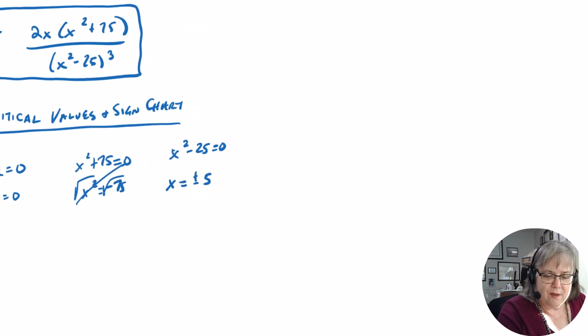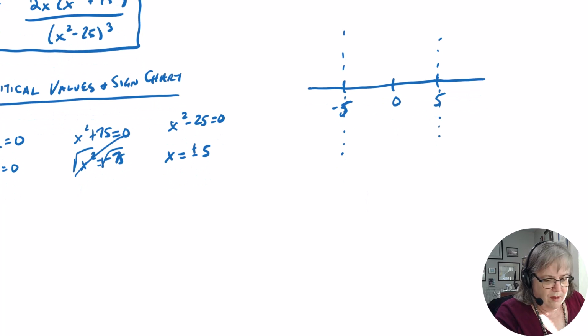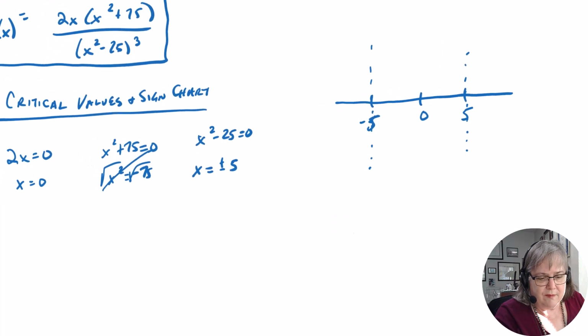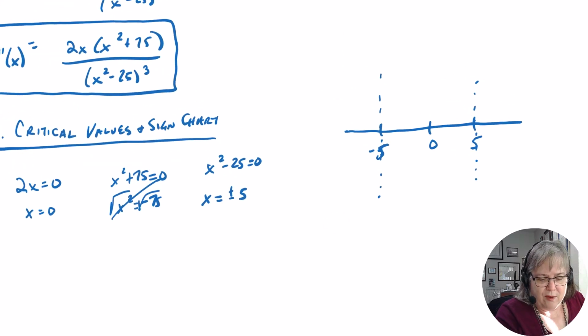Okay, so our sign chart would look like 0, minus 5, and 5. And remember, these are actually where your vertical asymptotes are going to be, and 0 is actually a 0. Excuse me. So if you look over here at the first derivative, this one right here is always going to be positive, that x squared plus 75.